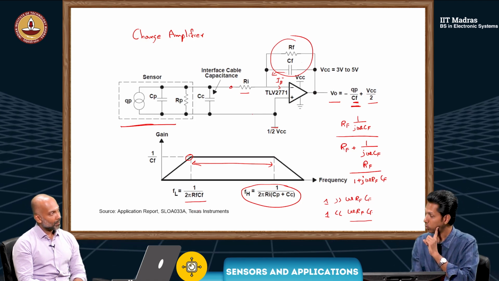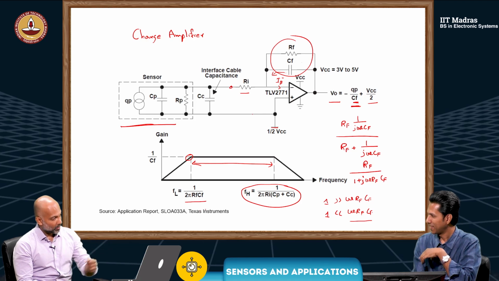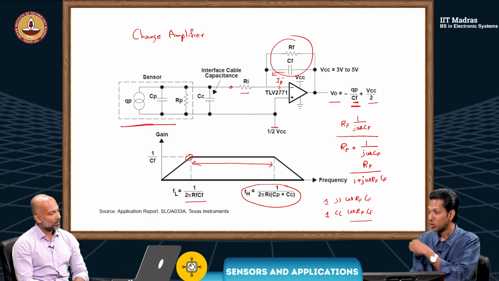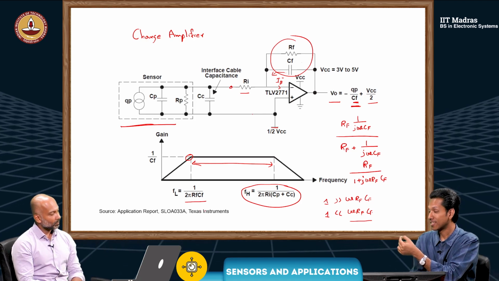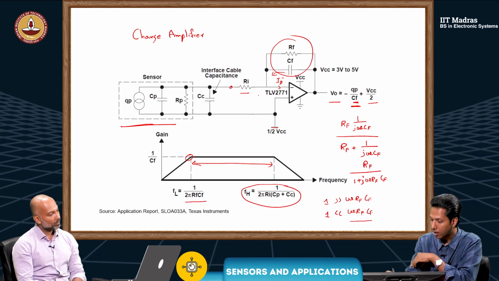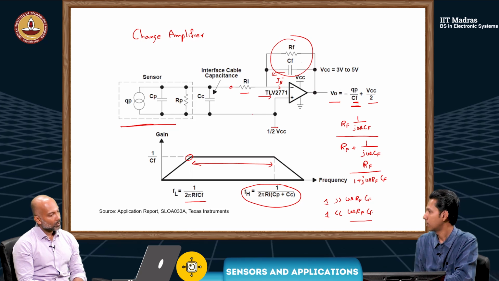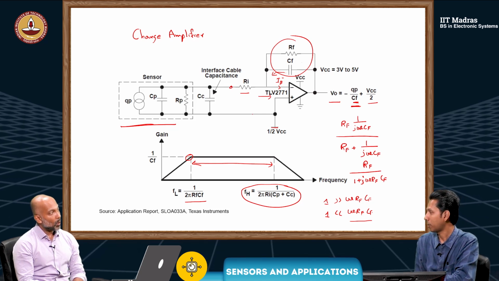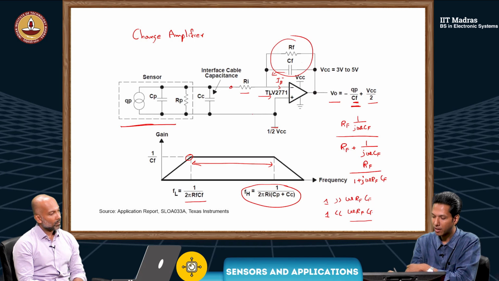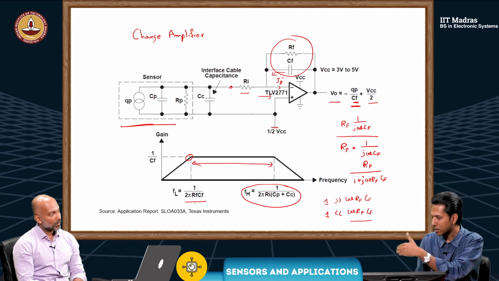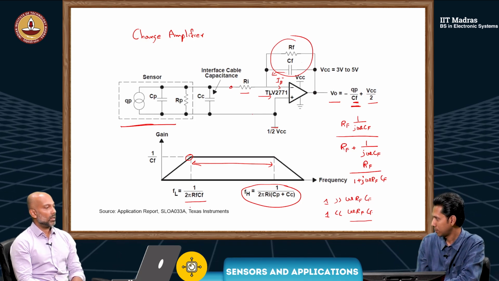Why did we go there? You were talking about that equation, how to get that equation. When such things happen, such inrush current can actually damage this op amp. So this Ri is a small value, but it suppresses such inrush currents.